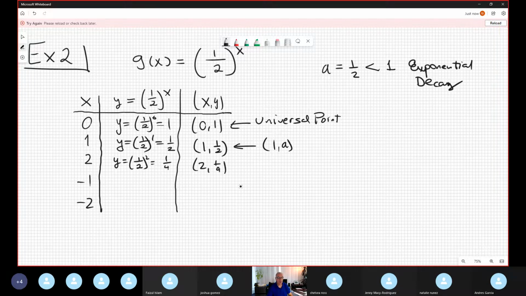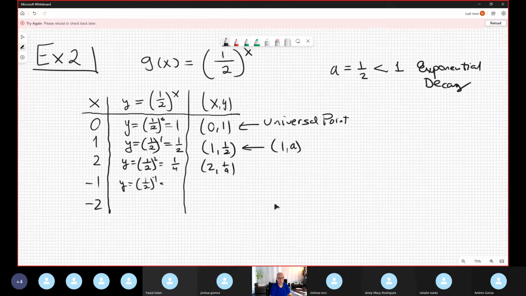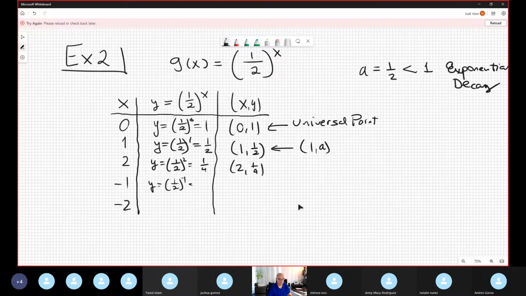Nice. Now -1. 1/2 raised to the -1. Wow, this is very confusing, because it's a fraction raised to the -1. Yeah, I know that -1 means reciprocal, and you flip it like that, 2/1, right? And divided by 1 is nothing, so it's just 2.